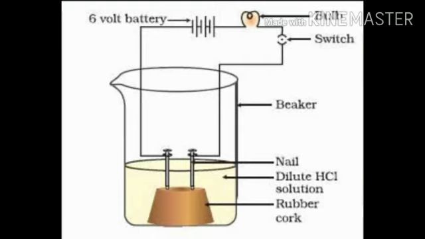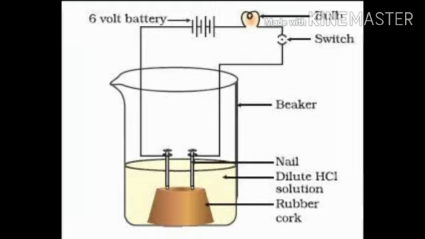We will observe that the bulb will start glowing in the case of the acid that we have taken, hydrochloric acid, and in the case of the base, here we have taken sodium hydroxide solution. But the bulb will not be glowing when we are performing the experiment by taking the glucose and alcohol solution.